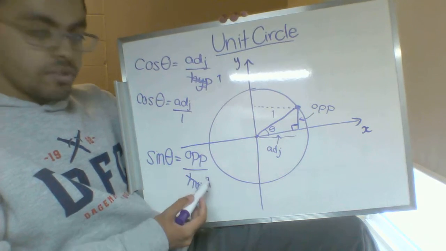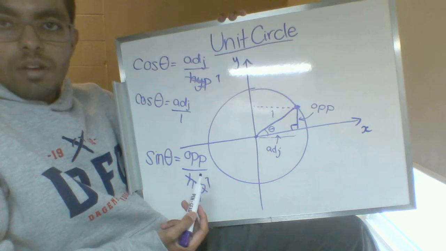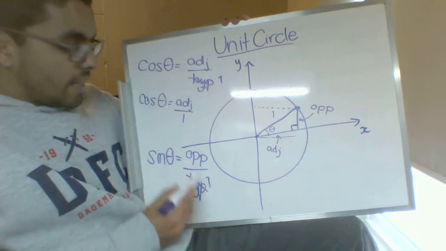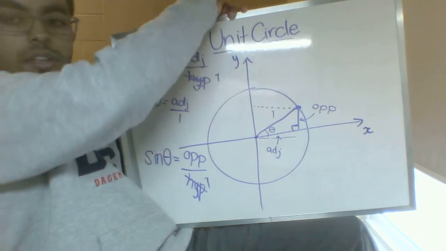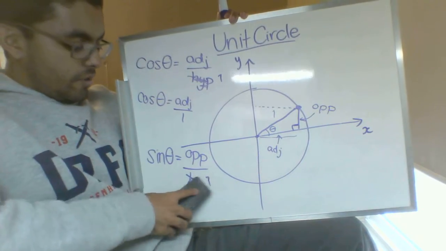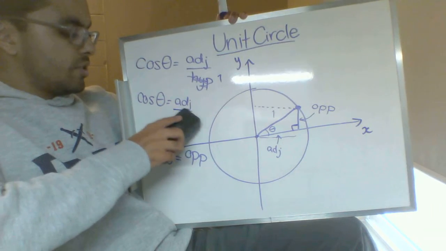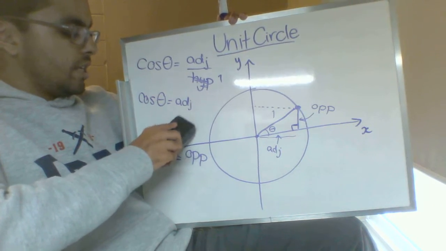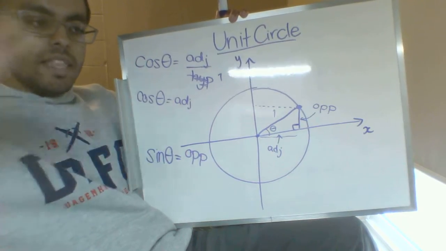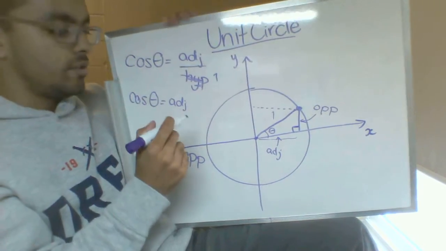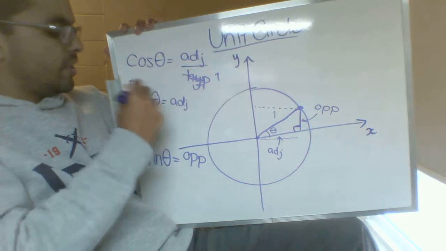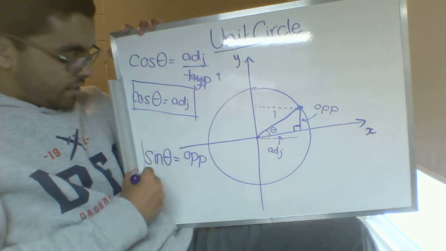So we're left with opposite divided by 1, that's just opposite. So sine theta is also just the length of the opposite side, while cosine of theta is the length of the adjacent side. In this particular case, you need the hypotenuse to be exactly 1 for this to be true.